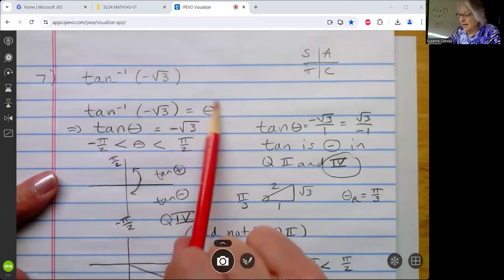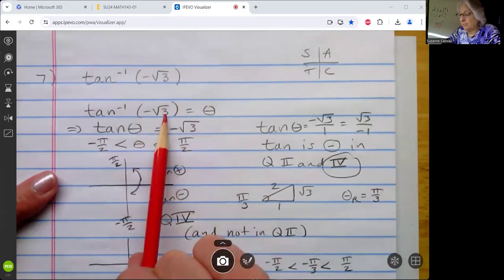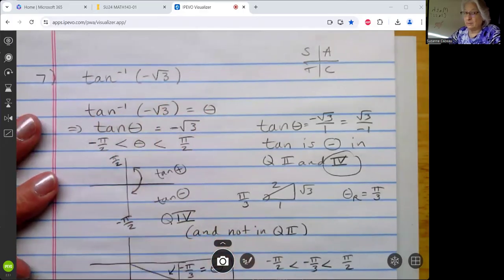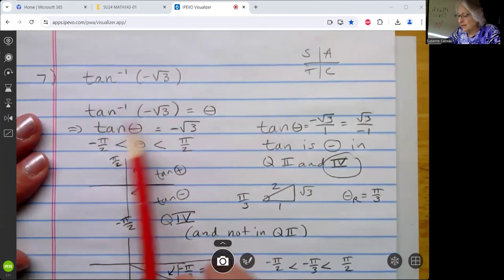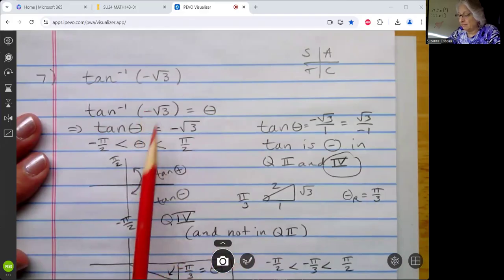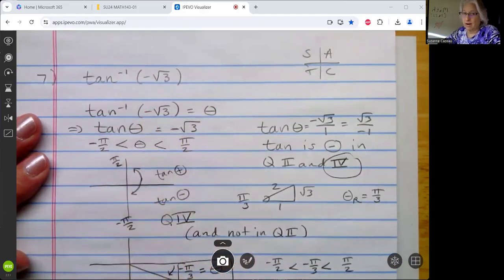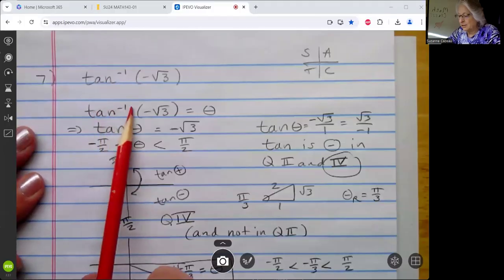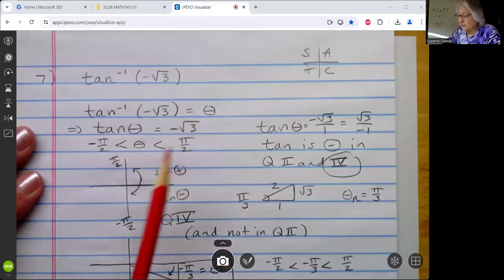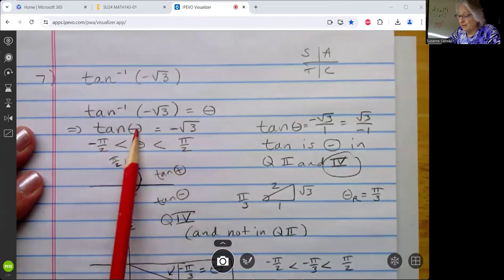You could think of this as the x thing and this is the y thing. Because this is the inverse, the x and the y are going to get traded. So the tangent of theta is equal to -√3. You're just trading the x and the y. Because we had the inverse tangent here, we have the restricted domain.